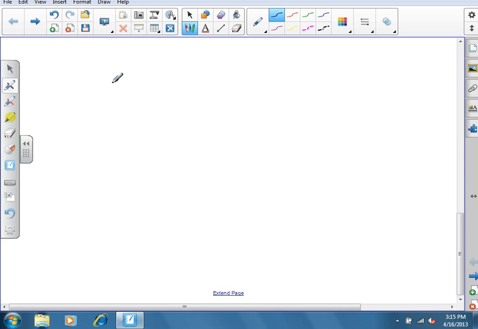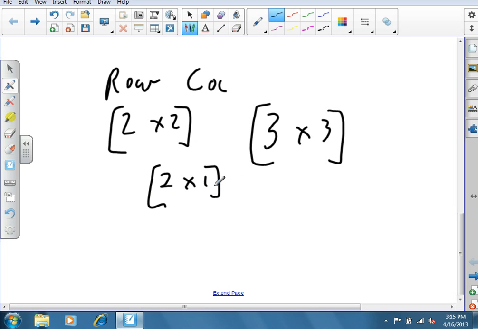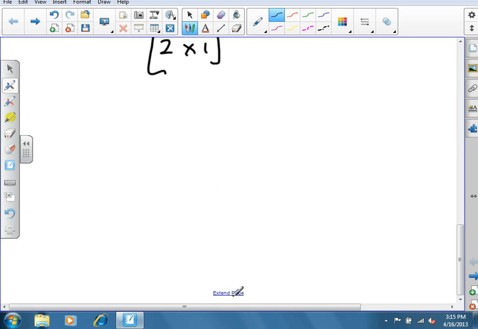So I have rows and I have columns, and I could have a 2 by 2 matrix, 2 rows by 2 columns. I could have a 3 by 3 matrix, 3 rows, 3 columns. I could have a 2 by 1, 2 rows, 1 column. And if I'm going to multiply A times B, then I would look at the rows.